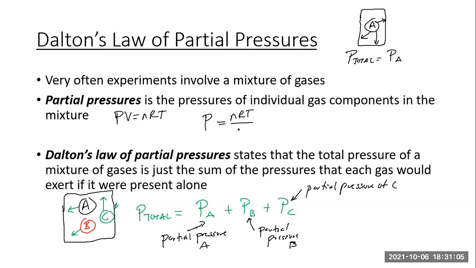So we could take each gas that's flying around, like gas A, gas B, gas C, and rearrange it and solve for it. So the pressure of A is equal to nRT over V. The partial pressure of B would then be nRT over V. The partial pressure of gas C would be nRT over V.